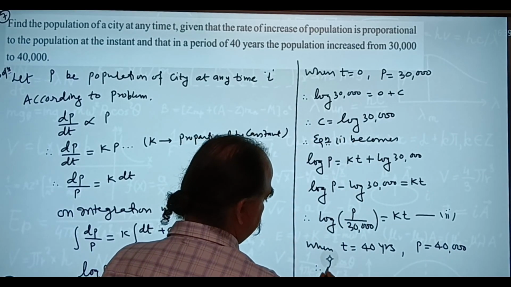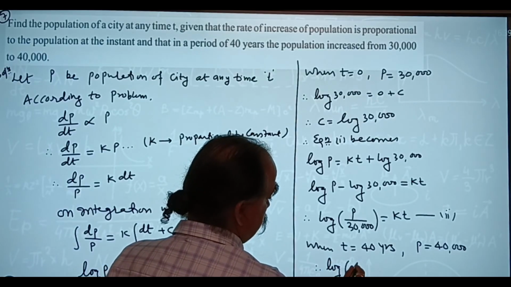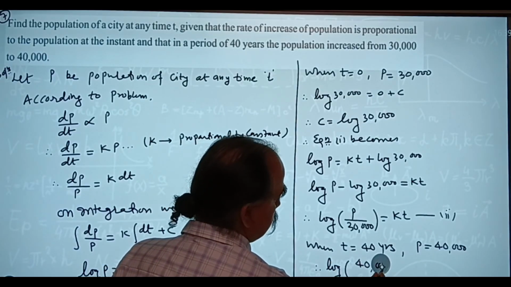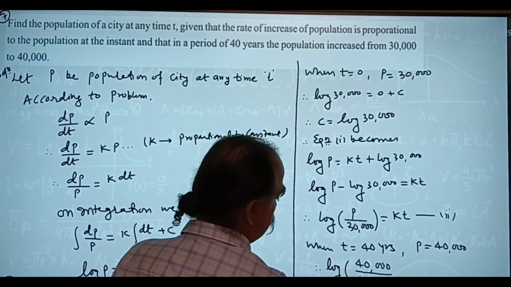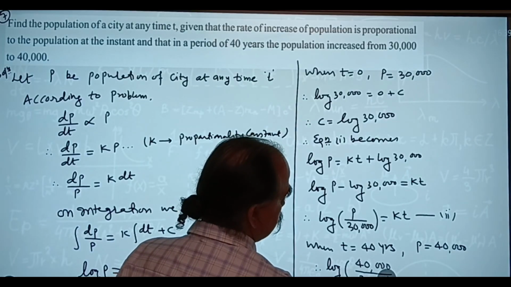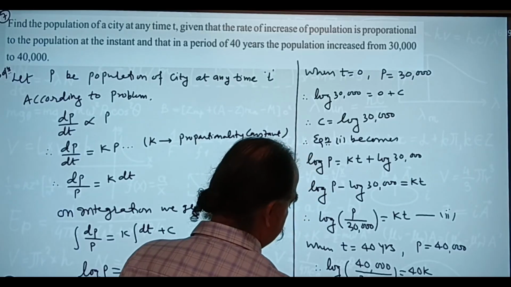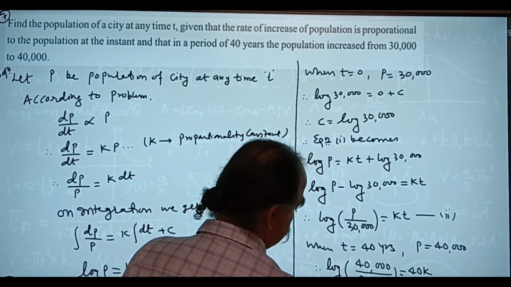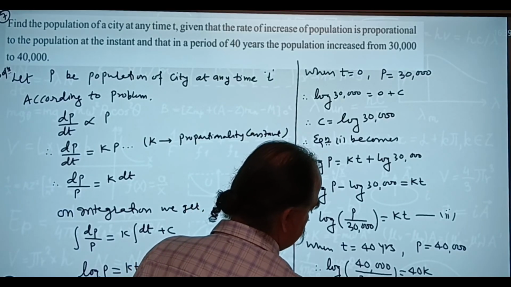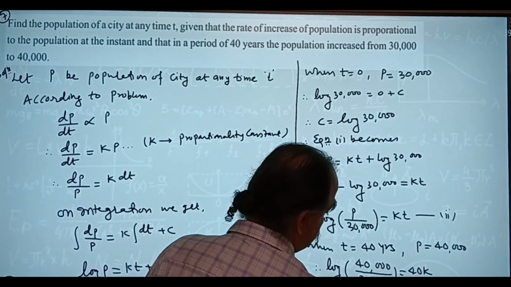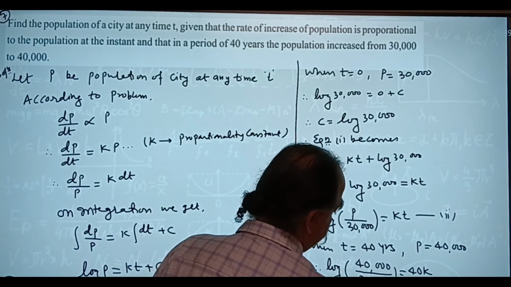Therefore, log 40,000 upon 30,000 is 40K. So K is 1 by 40 log 4 by 3.